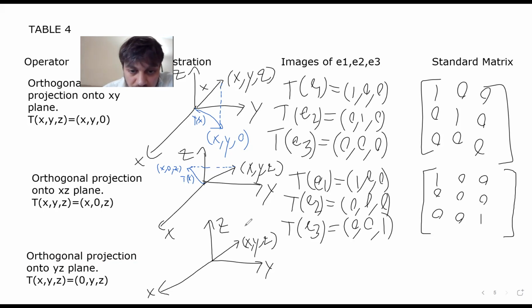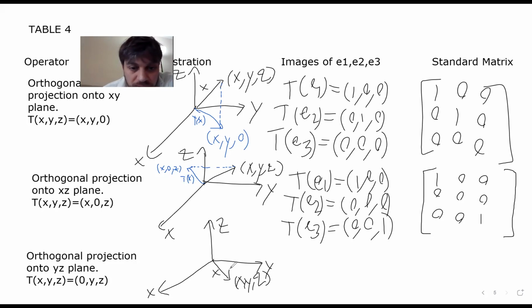So to make the x component 0, I'm just going to draw this vector a little bit further out. It'll be like this. So you have x, y, z. We're going to project that vector x onto the yz plane.